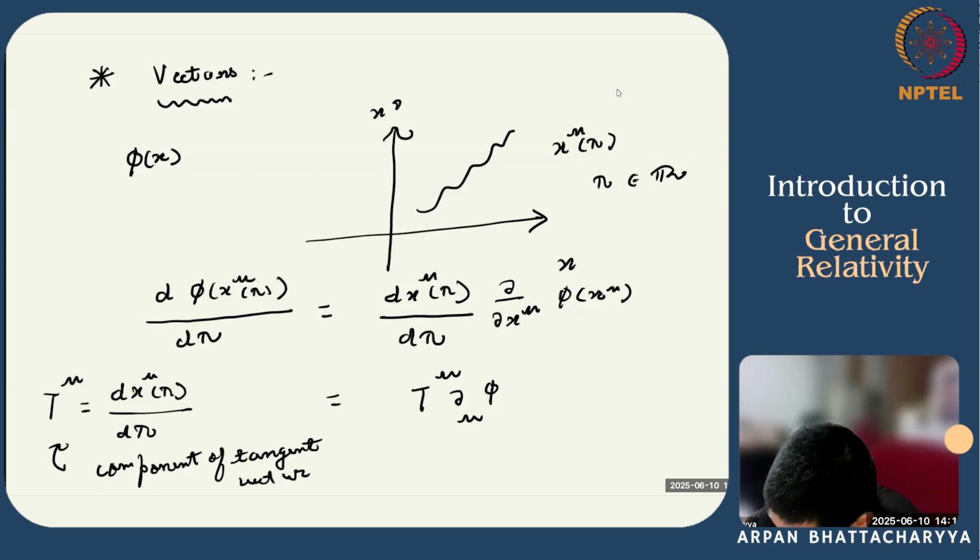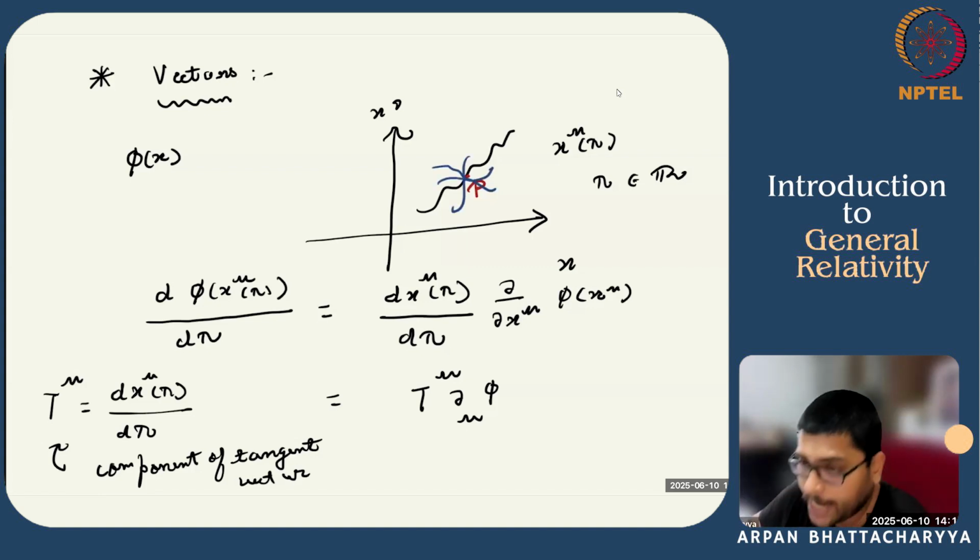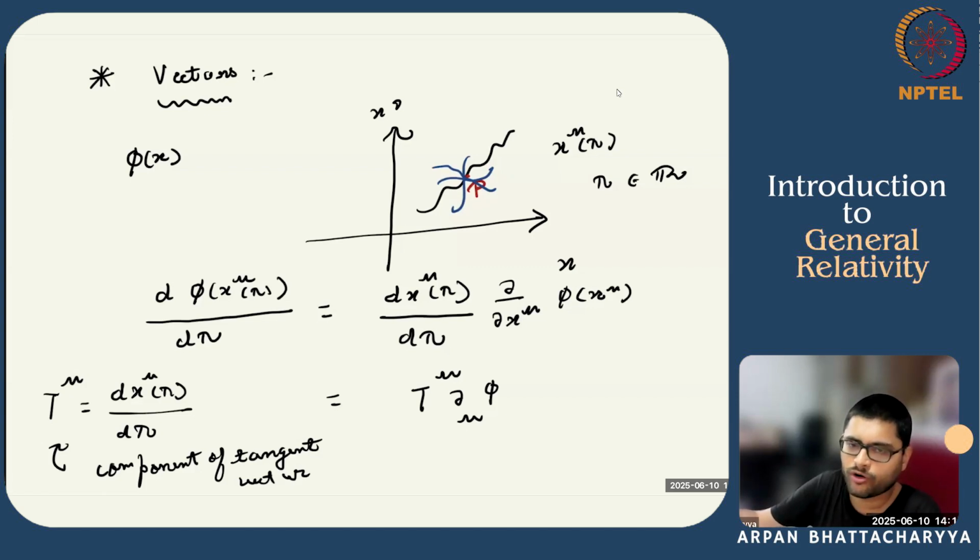Now, if we pick a point P on the curve and consider all possible curves passing through this point, and collect the tangent vectors for each of these curves at the point P, then we can easily show that the set of all possible tangent vectors to all the curves that pass through this point P constitutes a vector space.